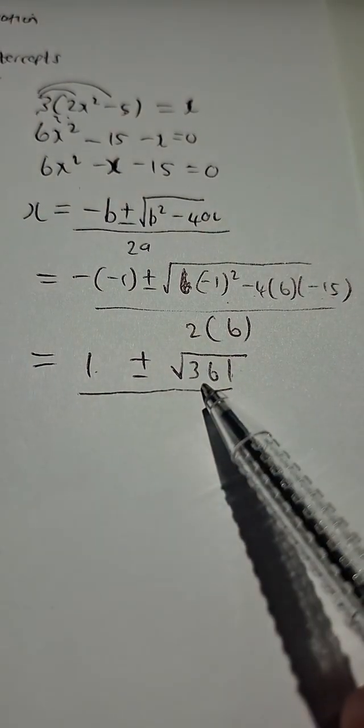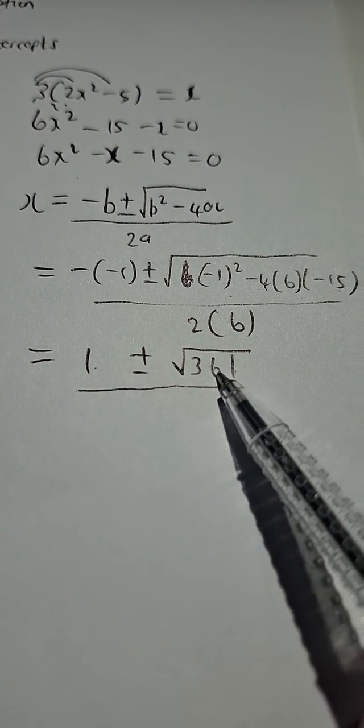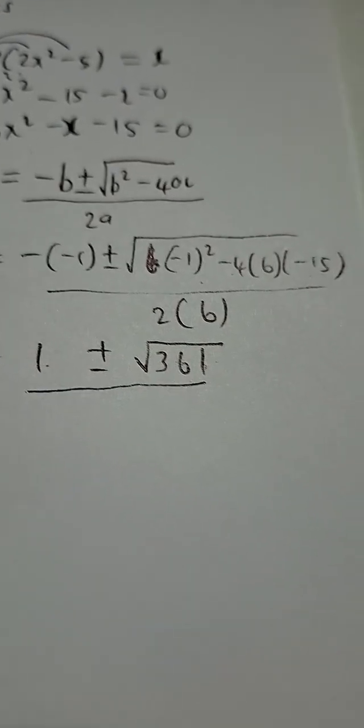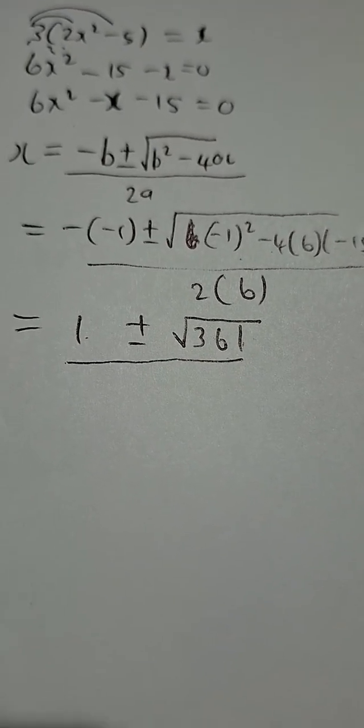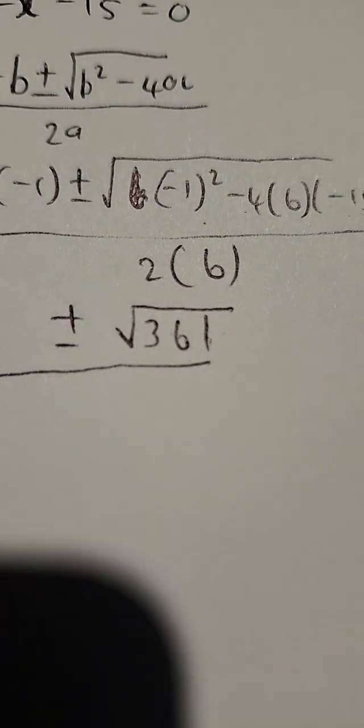So underneath the square root, it's 19, not 361. Must I grab my own calculator? I need more witnesses.